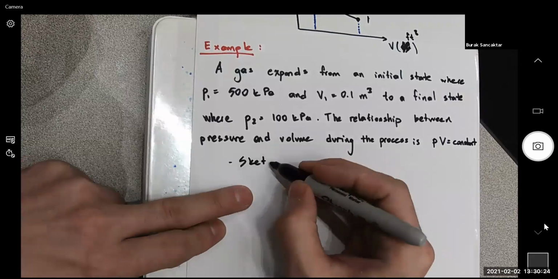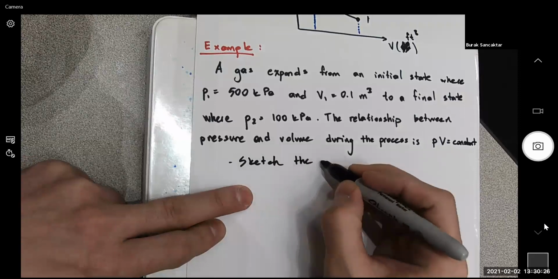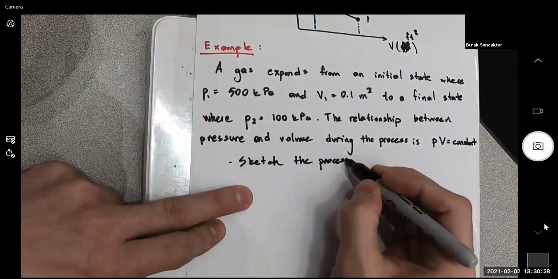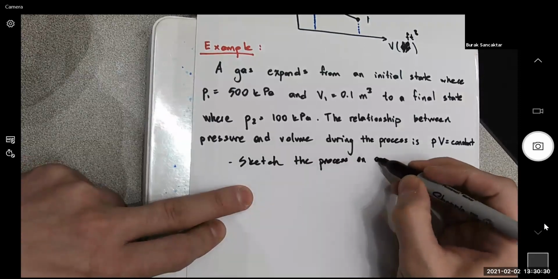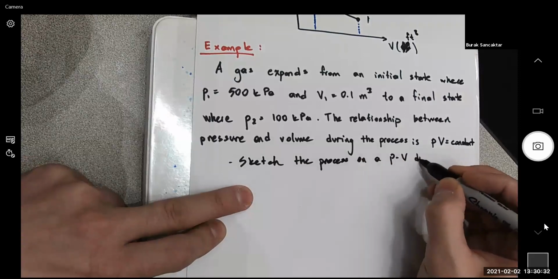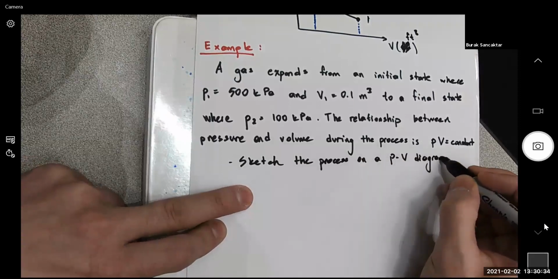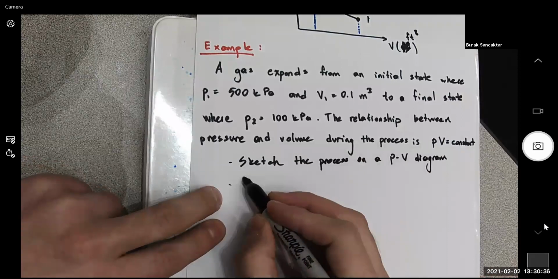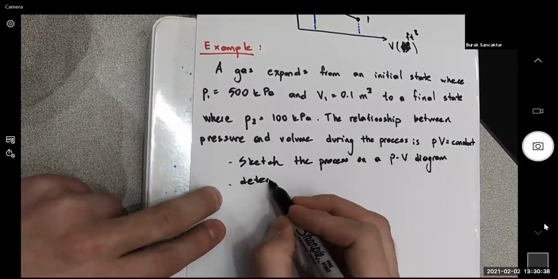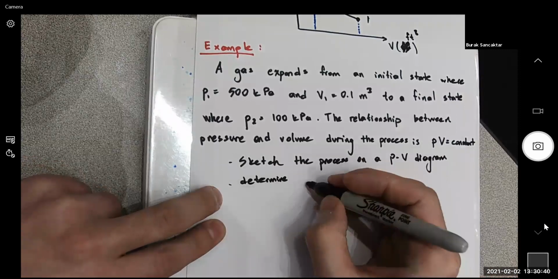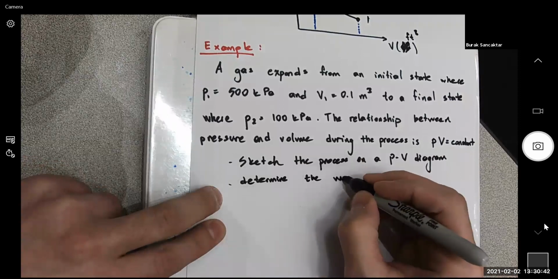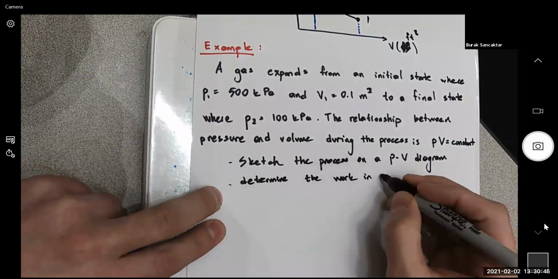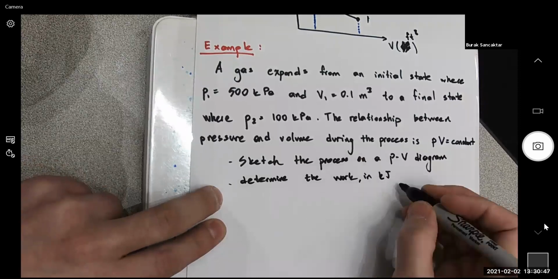Sketch the process on a PV diagram and determine work in kilojoules.